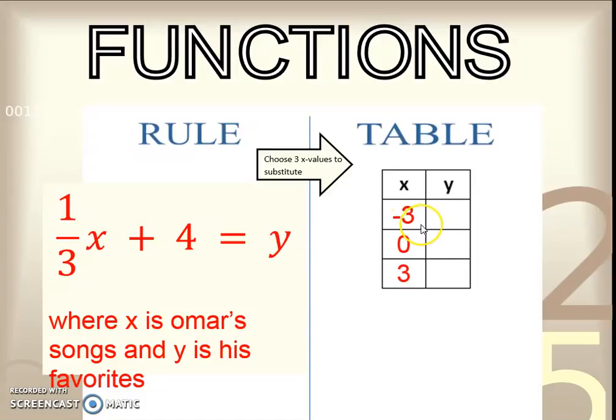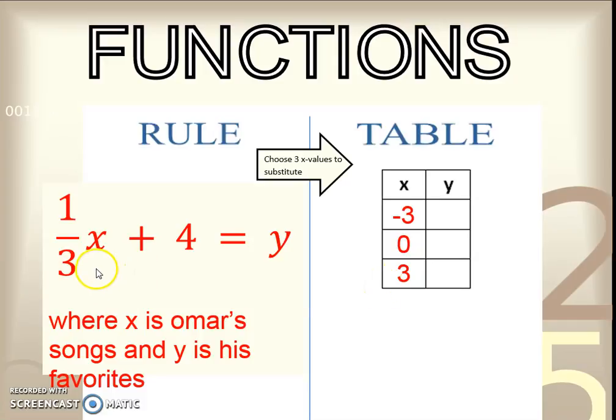So a lot of times we want to pick a negative value, 0, because usually 0 is very easy to substitute into the equation, and then a positive value. So here you can see we've picked -3, 0, and +3.